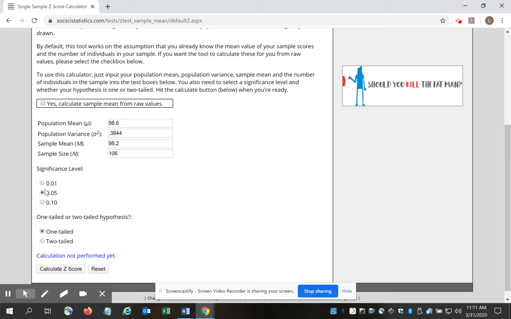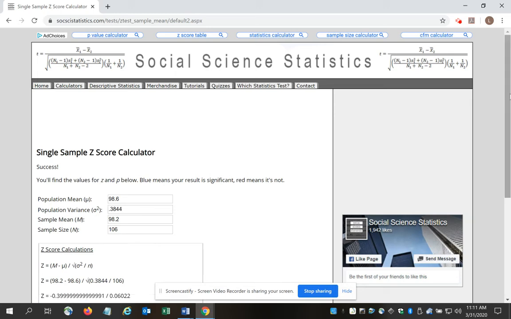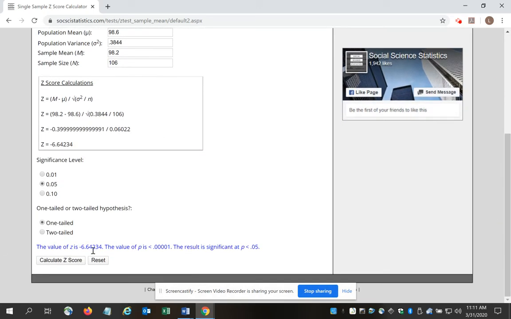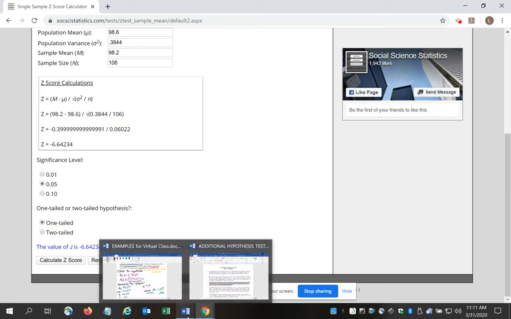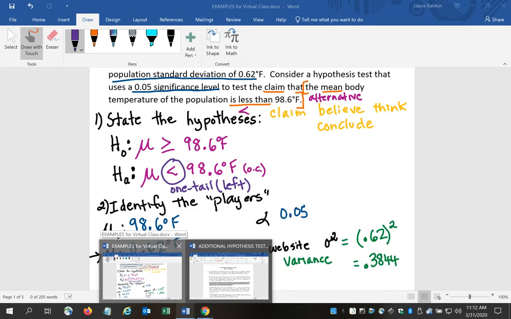So I've entered all of my data. I've chosen my significance level. It's a one-tail test. And then I am going to calculate. Then I'm going to scroll down, and near the bottom in blue print, it gives me my Z-test statistic and the corresponding p-value. Even though it says less than here, we'll use an equal. So I'm going to write these numbers down.